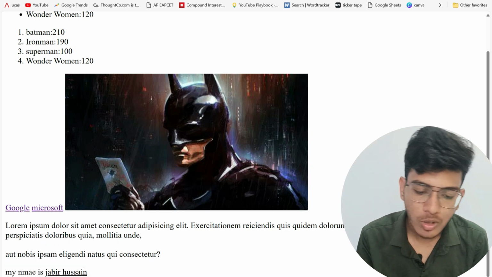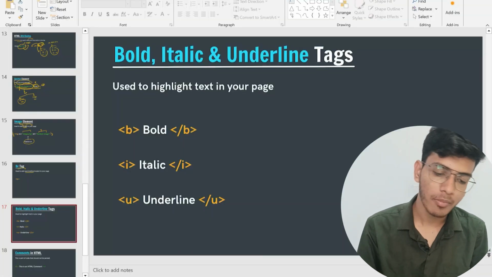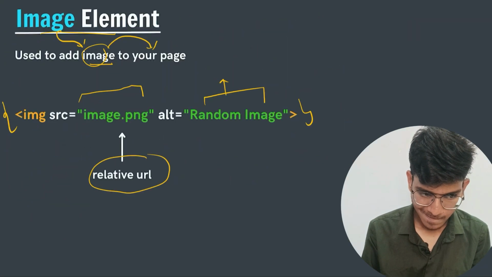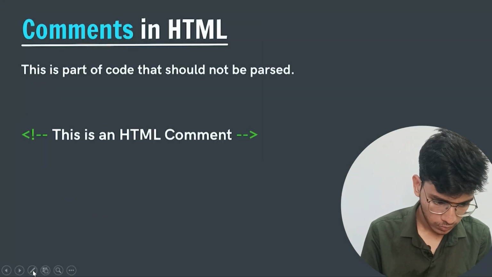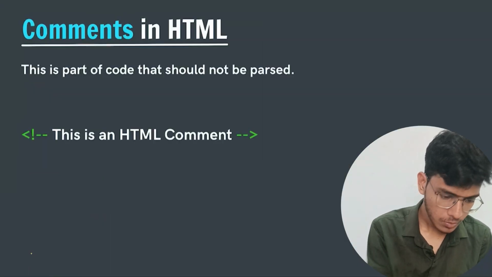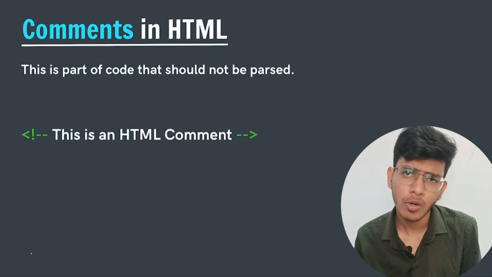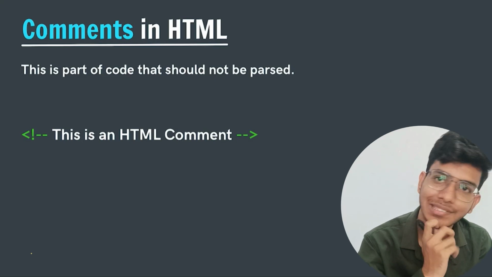Now let us talk about comments. There is a concept called comments here. So for example, you are writing hundreds of lines, real world applications of hundreds of lines, right?